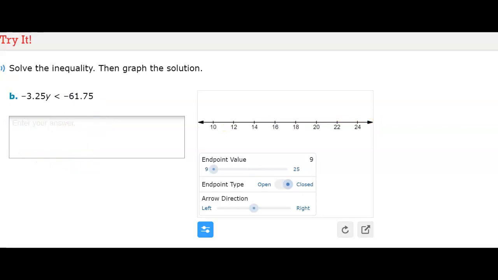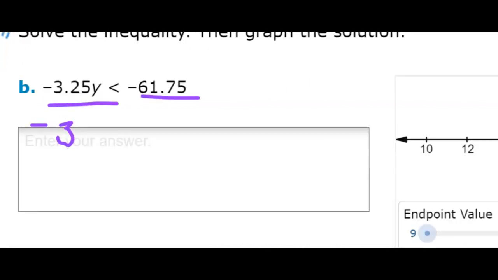Okay, part B, we're going to do the same thing. We're going to solve the inequality. We have negative 3 25/100 times y. So we need to divide on both sides of the inequality. Negative 3 and 25/100.